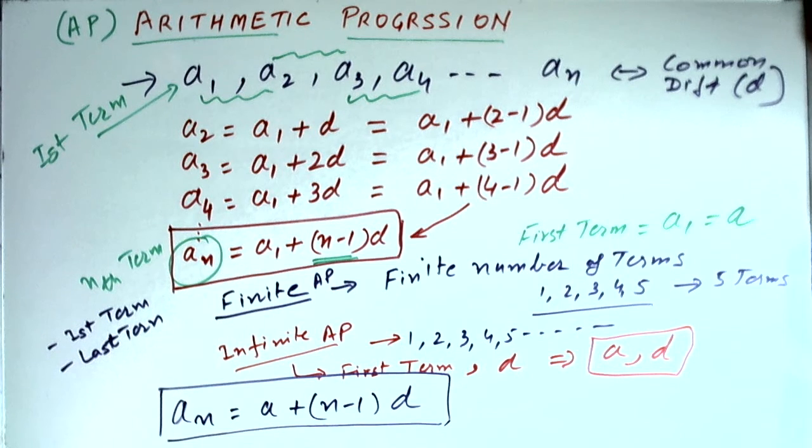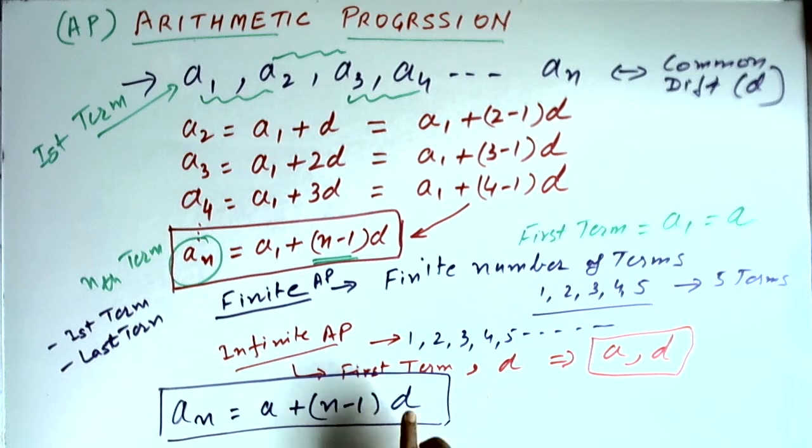So let me summarize again. We have learned a little more about arithmetic progression here. We have seen what a finite arithmetic progression is and what an infinite arithmetic progression is. We have also learned the formula for finding the nth term, which is the first term plus (n minus 1) multiplied by the common difference.